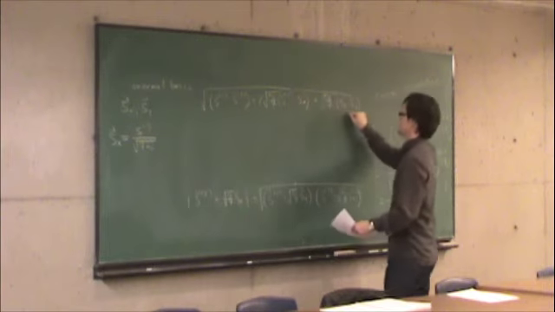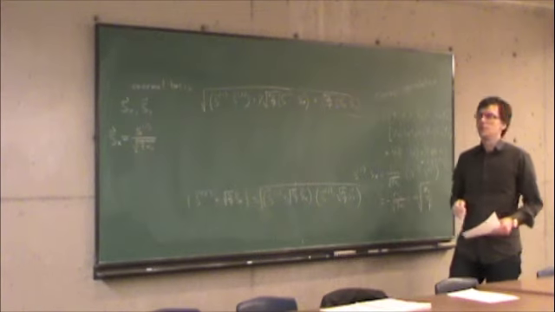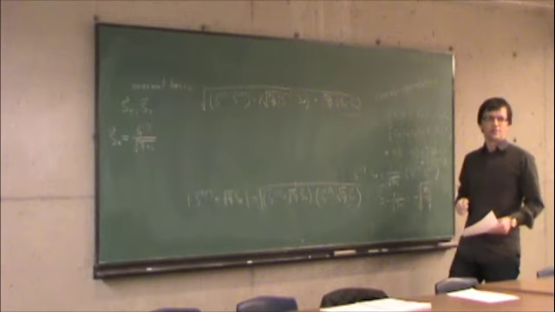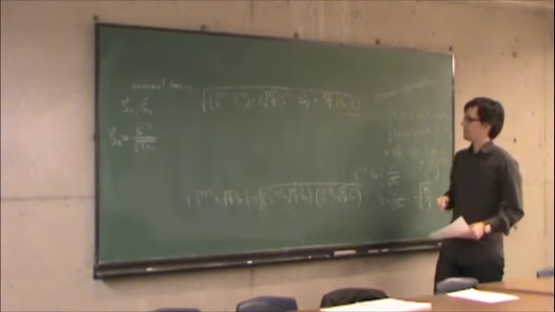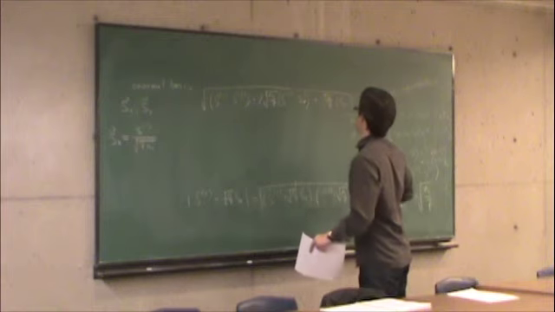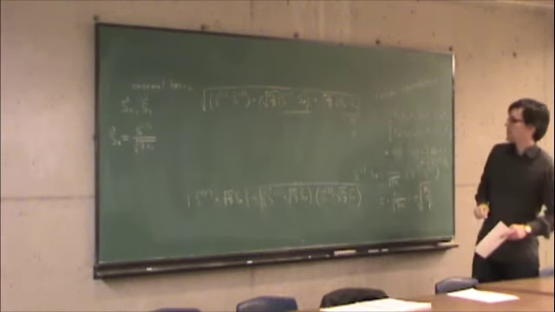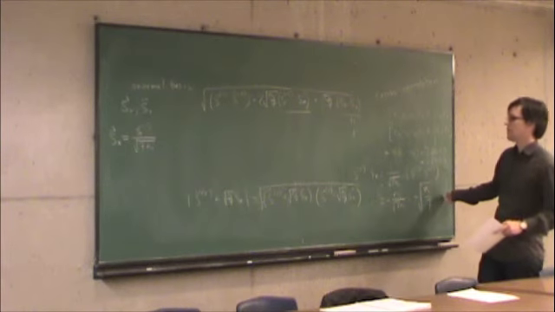Okay, easiest thing is this. What is Sx dot Sx? It's already normalized, so it's 1. This, I just did over here.